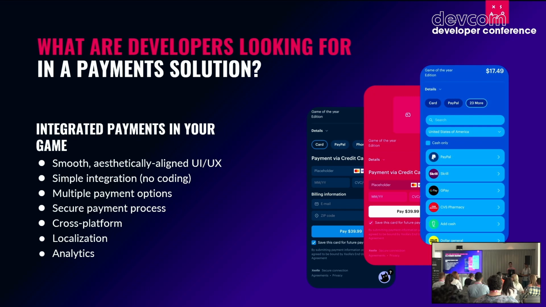So I can't emphasize enough that the UI you're presenting to your user has to be frictionless and beautiful to look at. They feel like they're still in the game, the spell has not been broken, and they feel like, hey, I'm making a payment and I feel safe doing it. I don't feel like I'm going to get scammed here. So these are the things that we've noticed.